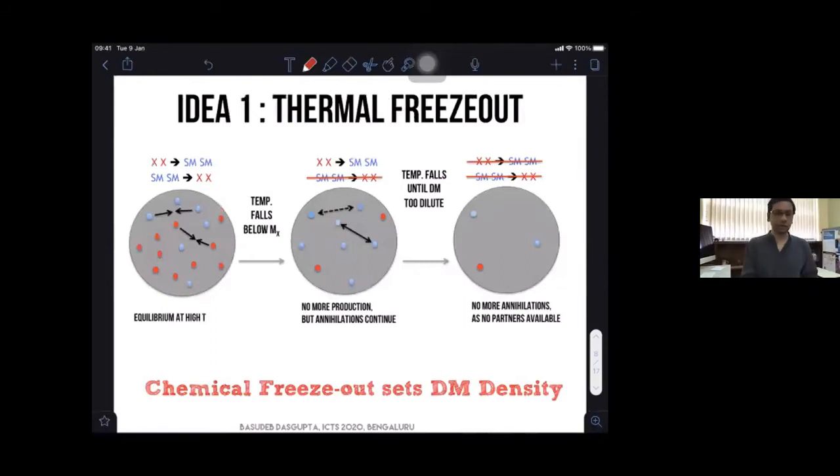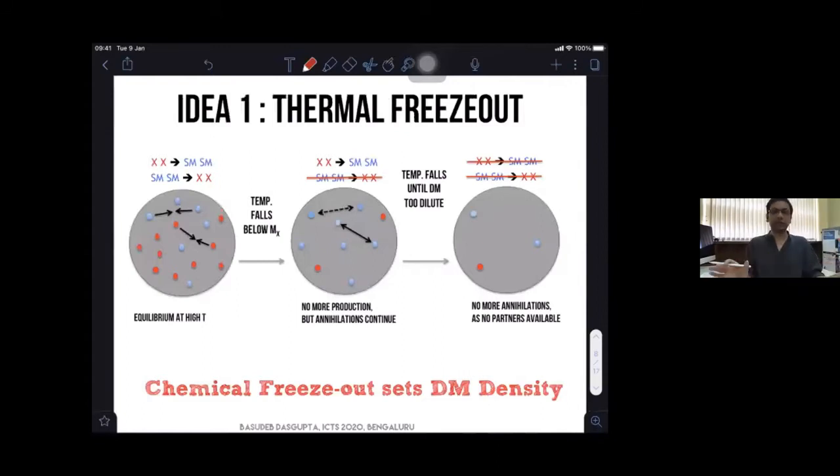Very early in the universe, everything is at equilibrium at this high temperature, and dark matter, let's say I represent it by some particle called X, can annihilate into a pair of standard model particles, and conversely, two standard model particles can kill each other, particle-antiparticle, and make a dark matter pair.